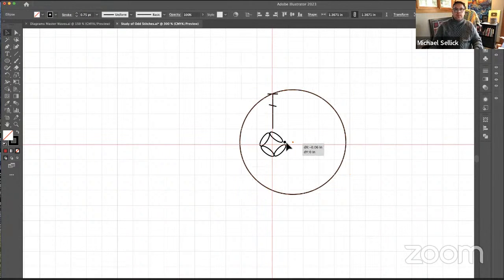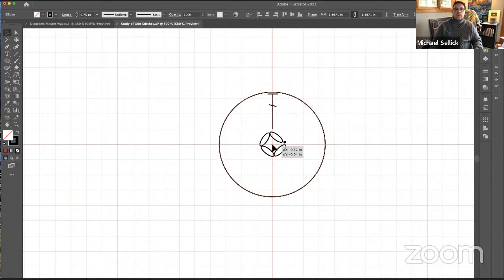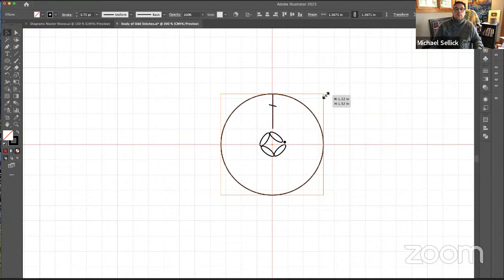Everything is all about spacing with these things. Green so I can see them.